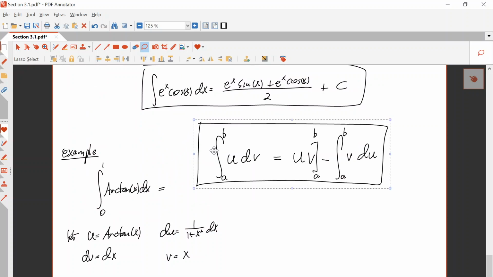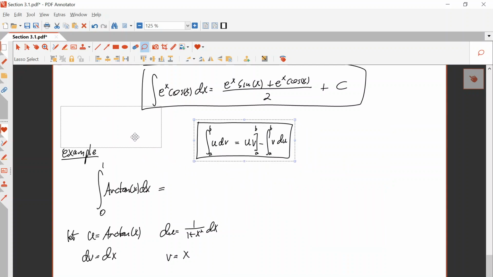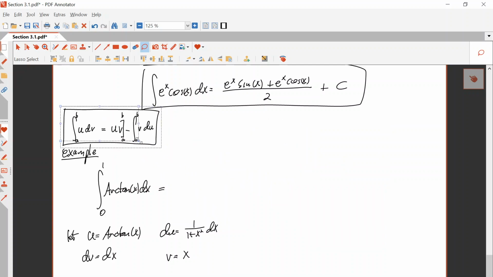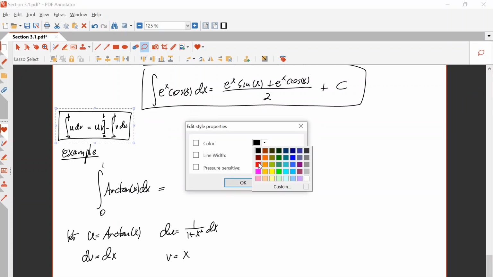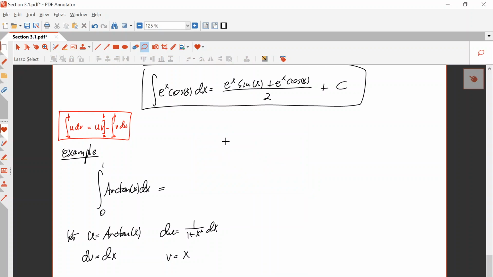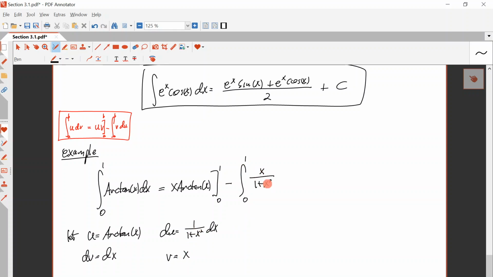So let's put this up here, so we've got that to refer to. So this is u times v, which is x arctangent x, evaluated from 0 to 1, minus the integral from 0 to 1 of v du. So that's x over 1 plus x squared dx.